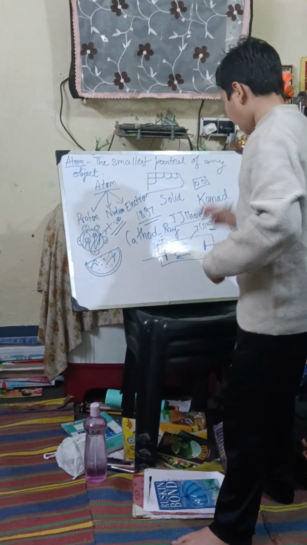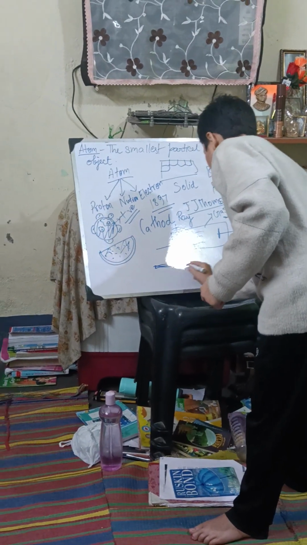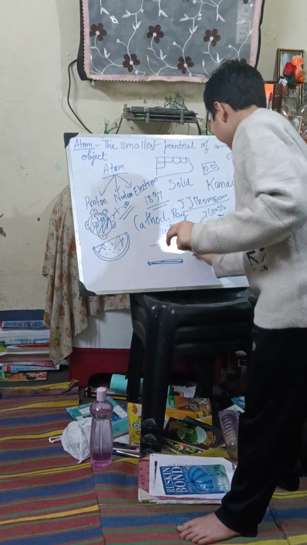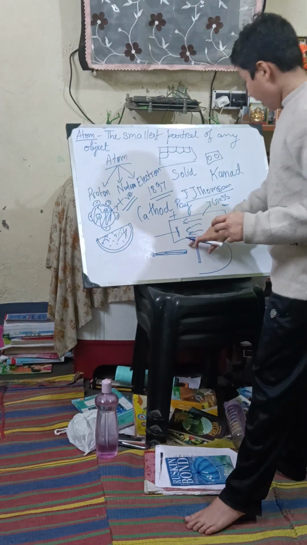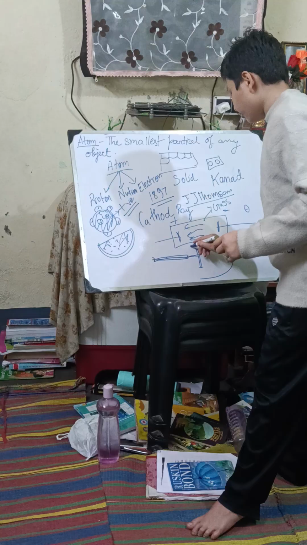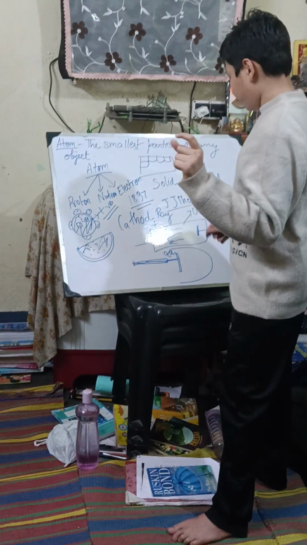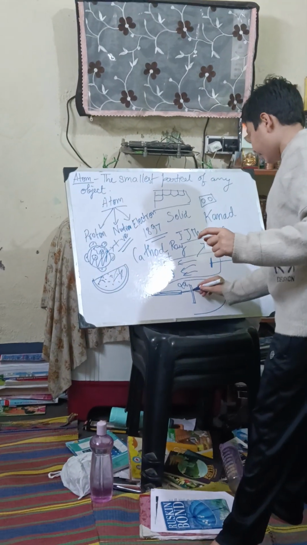So he did a nice experiment. He took a laser source and a thin gold foil and a screen. The laser had alpha particles, which are big positively charged rays, that went through and reflected.